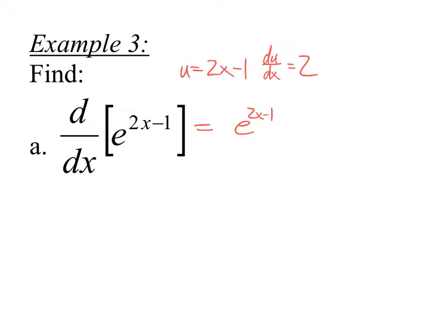So that's times 2. So when you have an exponential function, you copy it down identical to what it is, and then multiply by the derivative of the exponent.